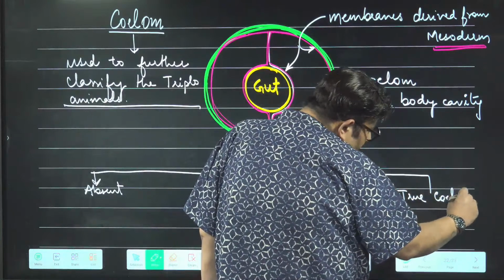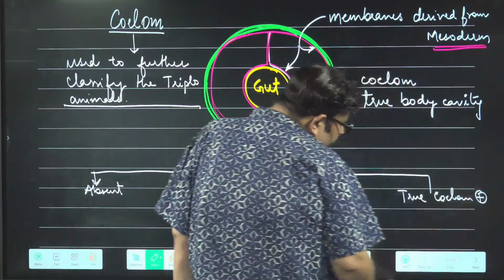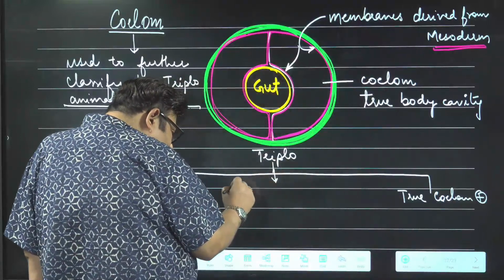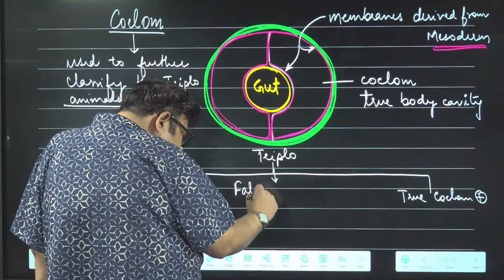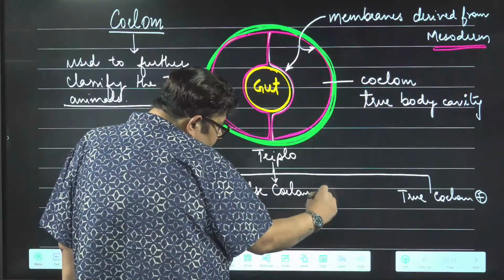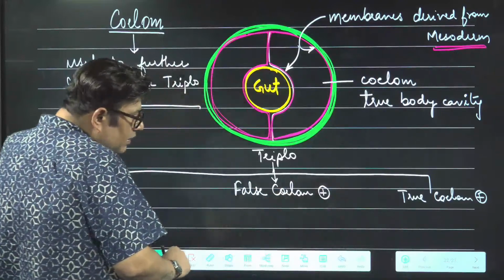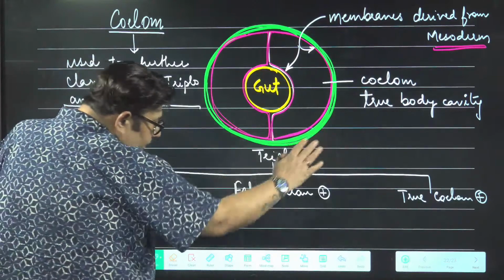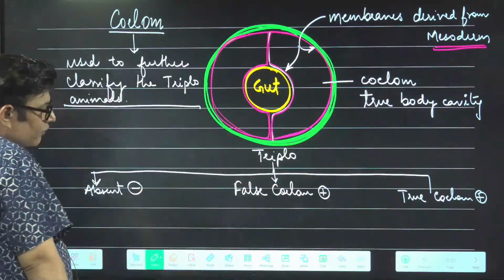And an intermediate possibility is also seen, a false coelom is present. So totally absent, completely present, and a false, not a true but a false one present.